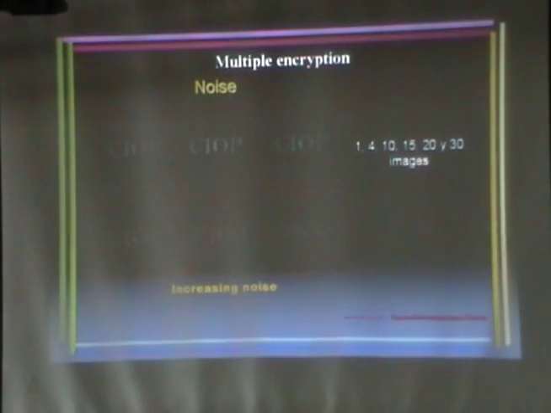Well, anyway, if in multiplexing you add a new image and add a new one, you are adding noise when you recover the correct image.